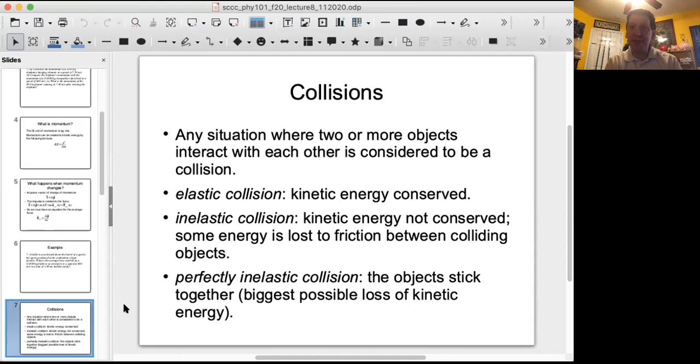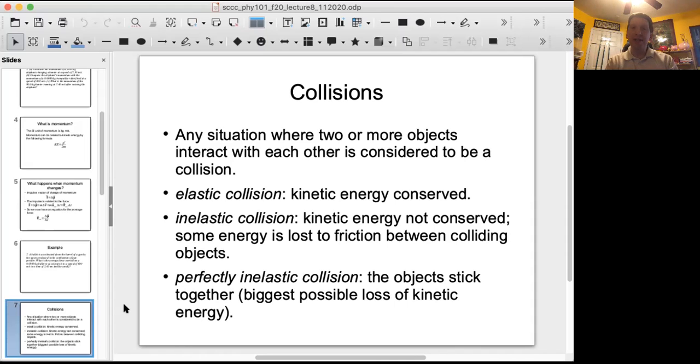But any other type of collision where kinetic energy is not conserved is called an inelastic collision. Basically, every macroscopic level collision is going to be inelastic to some degree. There's almost always going to be friction somewhere, especially if the two objects are in contact with each other. And so you need to take into account how much kinetic energy is lost.